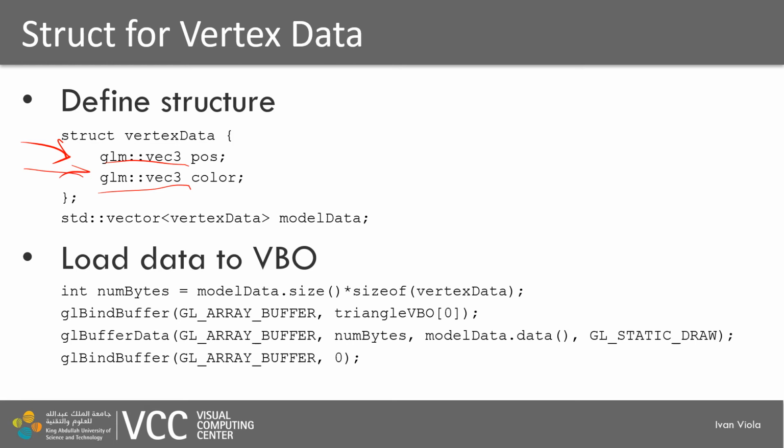And we can create the standard template library vector, which will have this vector of such a structure, which will be then stored in this model data variable. And this model data variable will then be used in order to fill the vertex buffer object here, where we access it through this model.data, which is the way how we access the data stored in this standard template library vector structure.